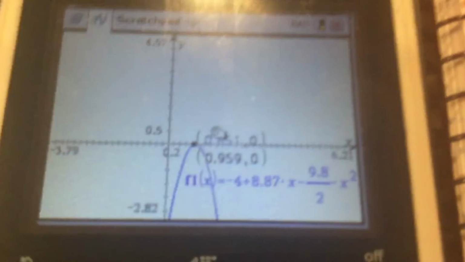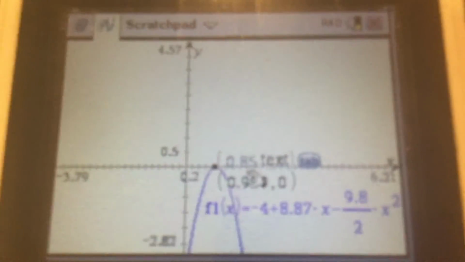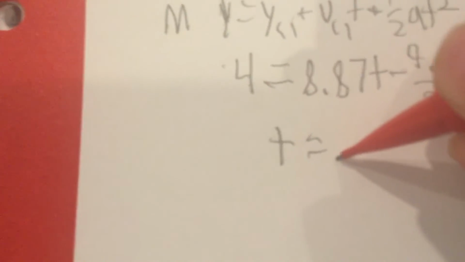Okay, I've graphed it, and you can see where it intersects the x-axis. It is 0.85, so t is equal to 0.85. Now we'll go to part N and finish this up.